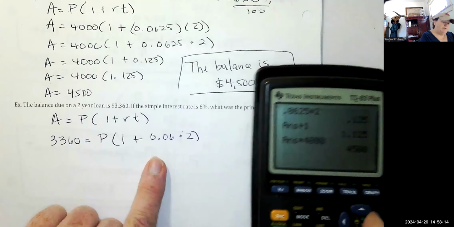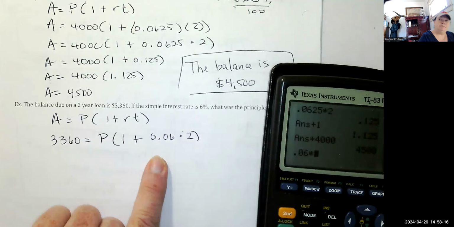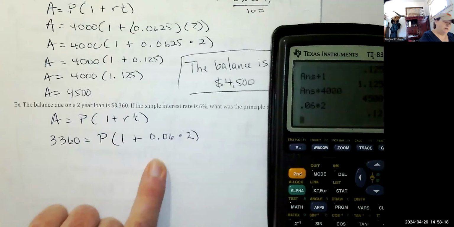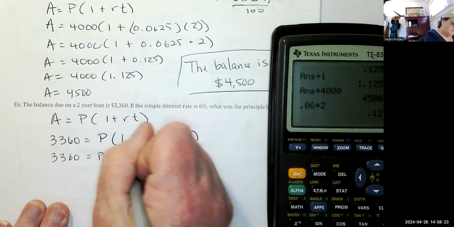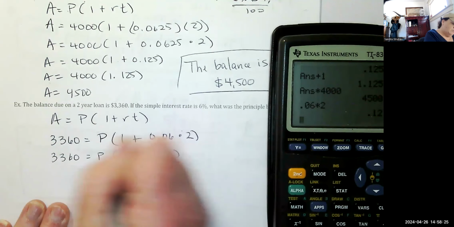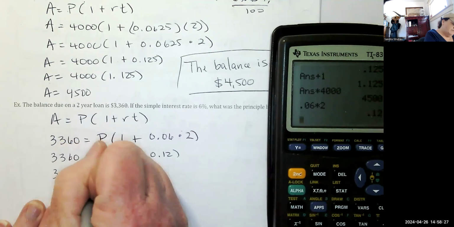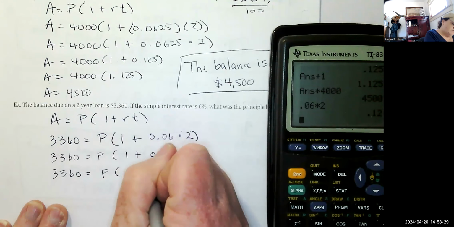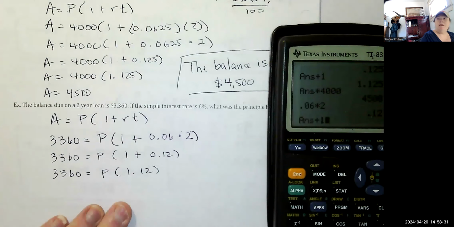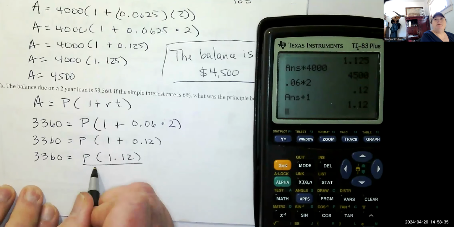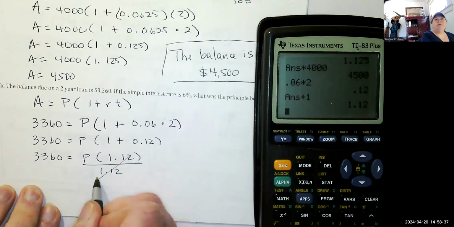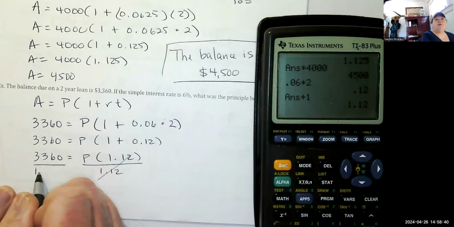All right, so I have to start with the 0.06 times 2, and I get 0.12. Add 1 to that. Now we have to divide. We were solving for P, so we need to divide by 1.12 to get rid of this, and divide this by 1.12.